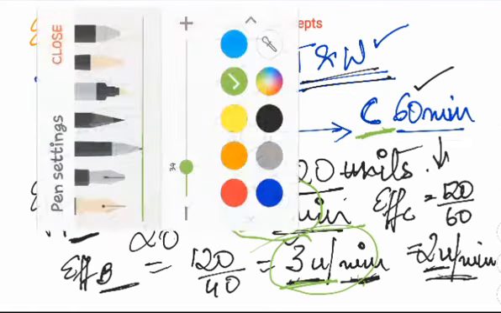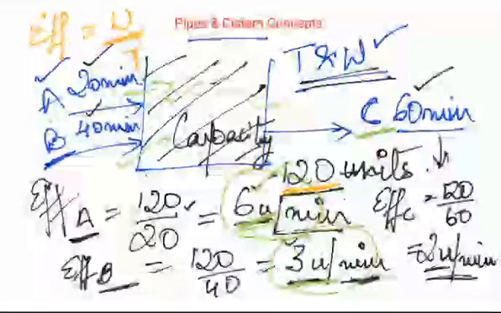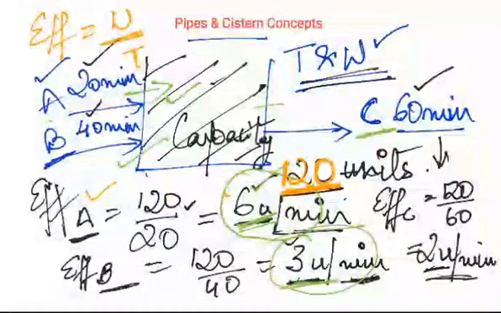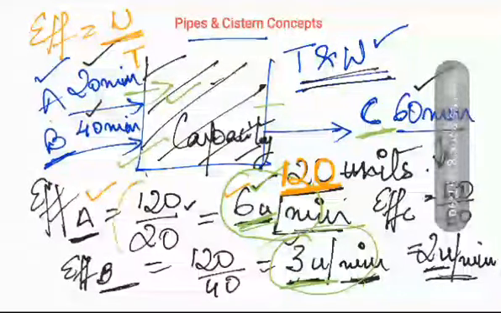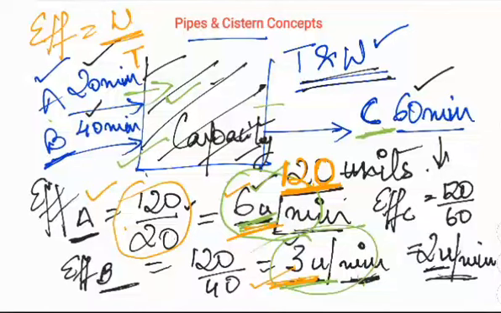And all this depends on the fact that we have assumed the capacity of the tank as 120 units, because if the capacity is different, the efficiency will automatically become different, since it depends on the capacity we have assumed. So when A is working this amount of time and B is working like this, we already know that the capacity of the tank is 120.